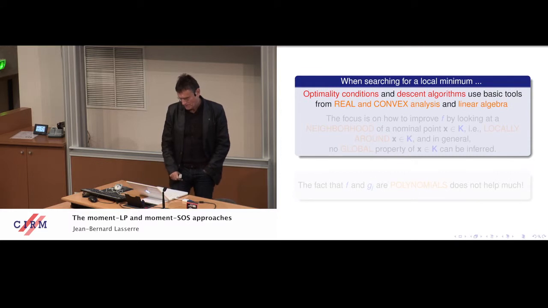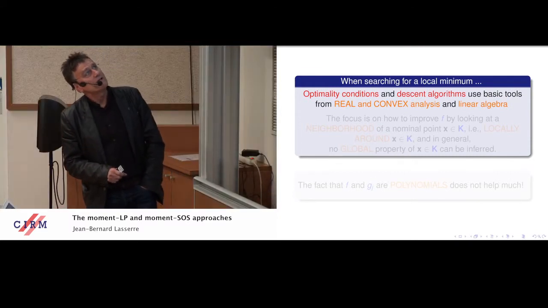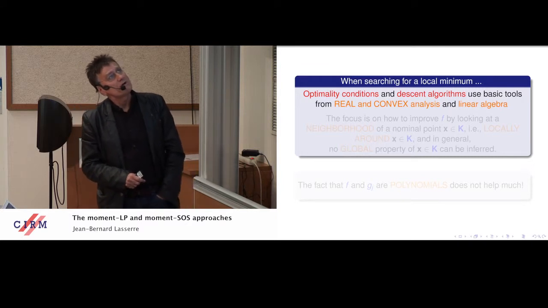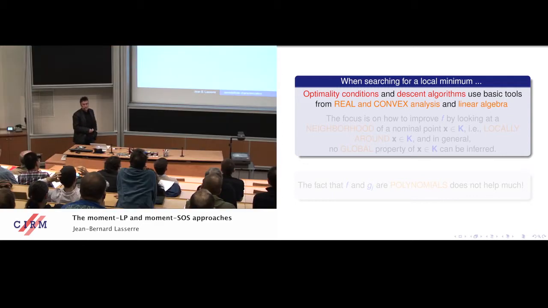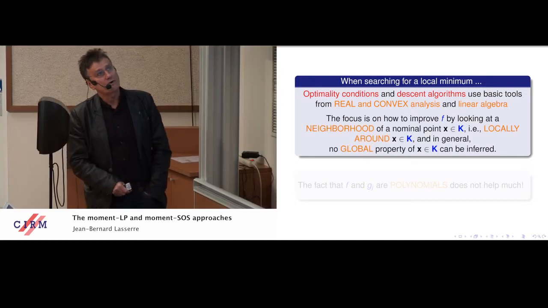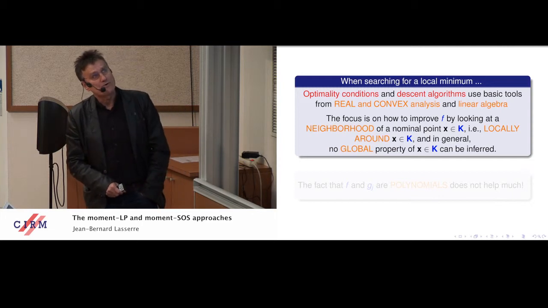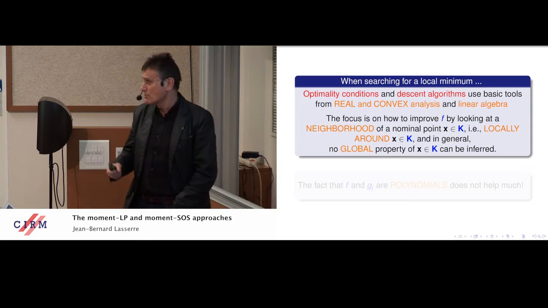As I say, when you search for a local minimum, optimality conditions and descent algorithms use basic tools from real and convex analysis and linear algebra, and that's basically enough. But the focus in this case is about how to improve your criterion at the point x by looking at a local neighborhood of some nominal point.